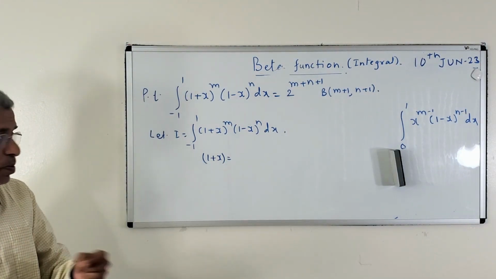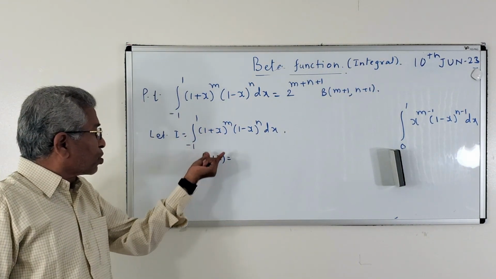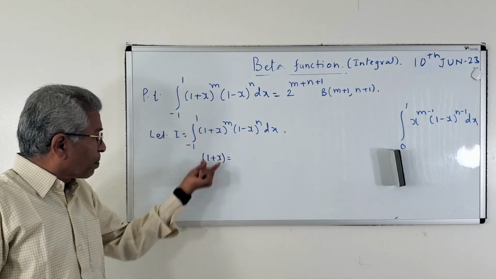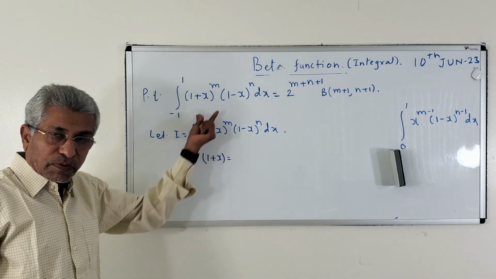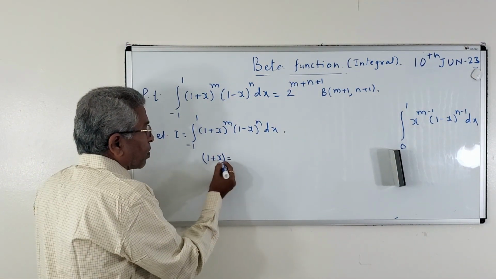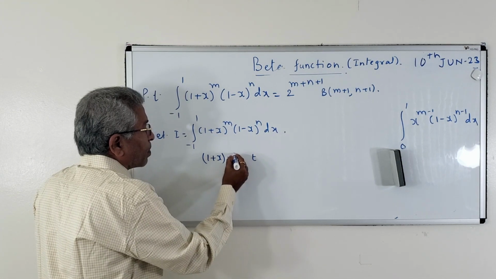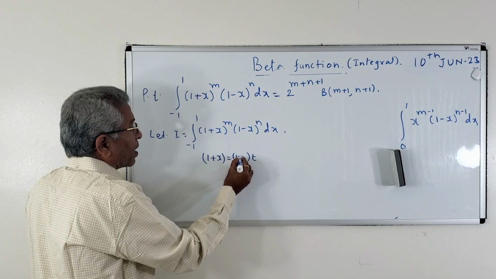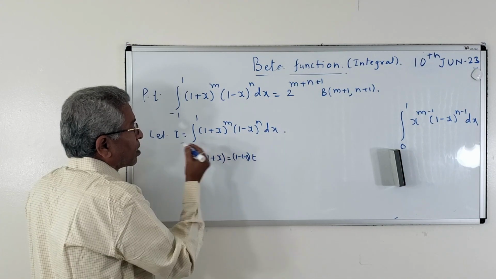Let us assume the expression which is 0 for the lower limit, irrespective of the powers. 1 plus x is 0 for which limit? Lower. Let us assume 1 plus x is equal to t multiplied by the difference of the upper and lower limits, 1 minus minus 1.